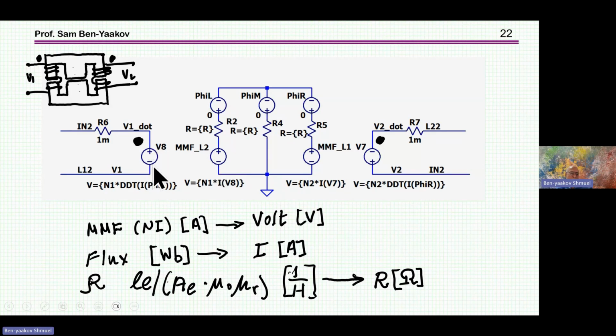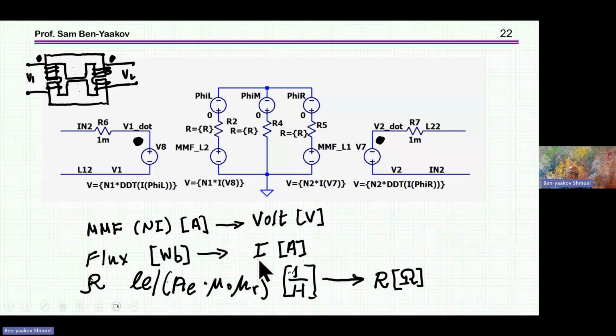This dependent source is n, the number of turns, times ddt, which is the LTspice operator for derivative. So this is the derivative of the current here. The current represents the flux, okay?